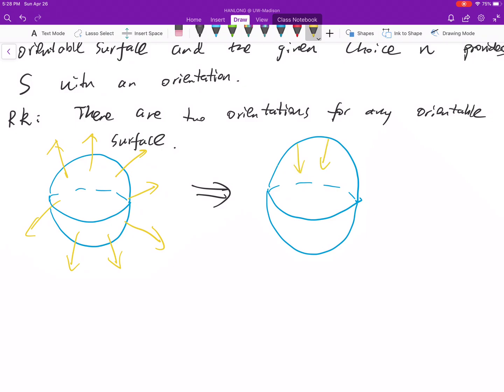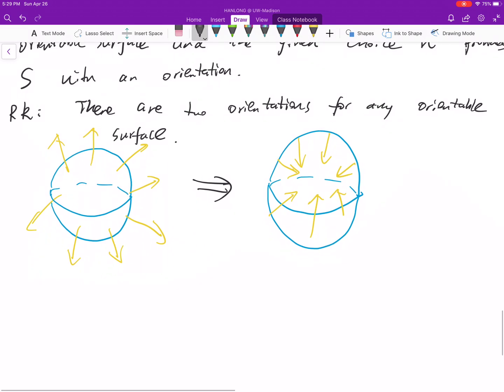Point inwards. Okay, then you have two orientations.